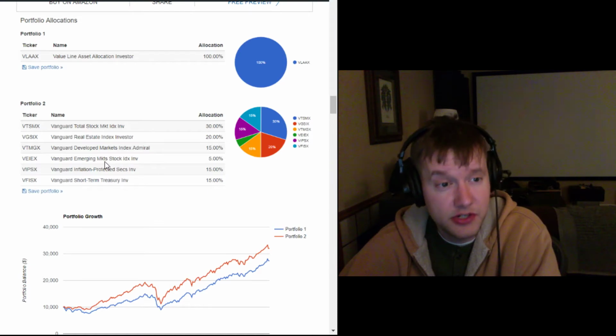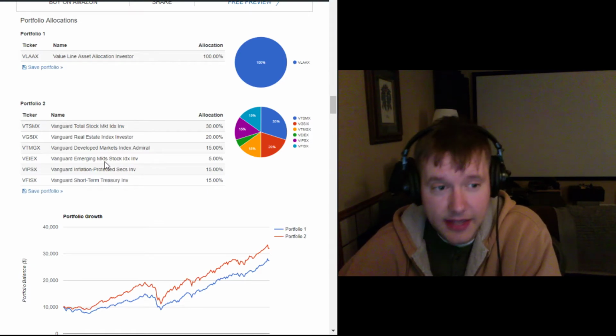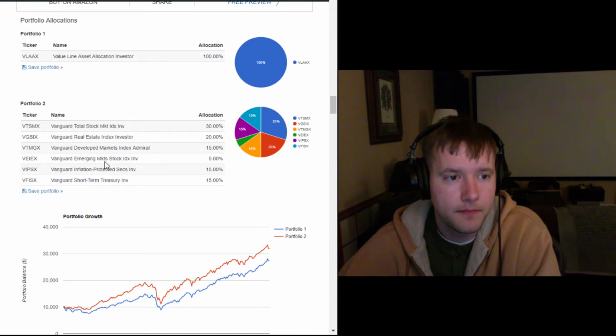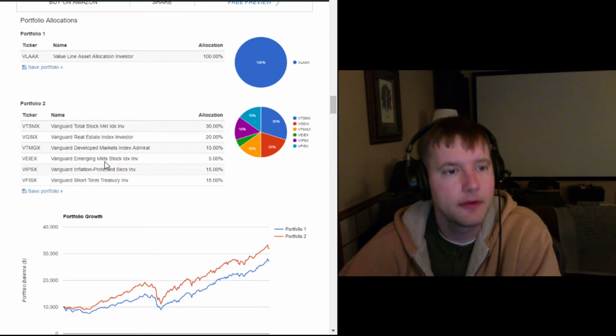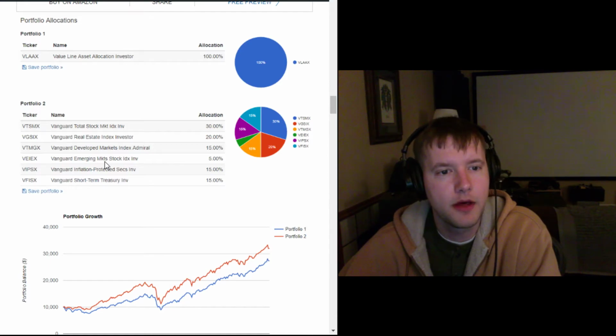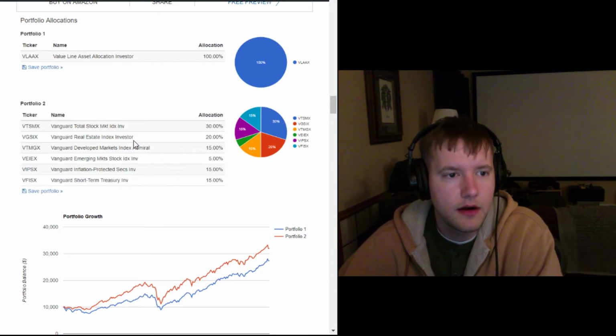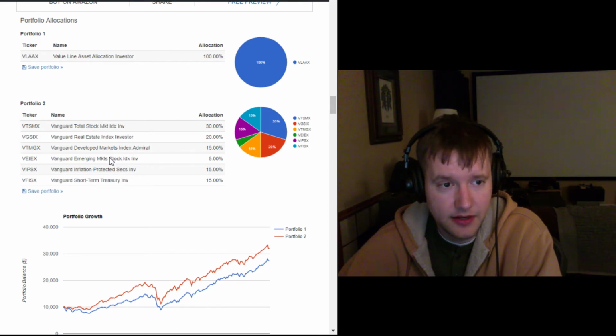So I would expect emerging markets to be maybe Southeast Asia, perhaps China, Vietnam, countries that are not considered as developed and stable as the first world, but are showing strong economic growth recently. All of these are equity-like investments. So he has about 70% in equity-like investments, 30% in bonds.